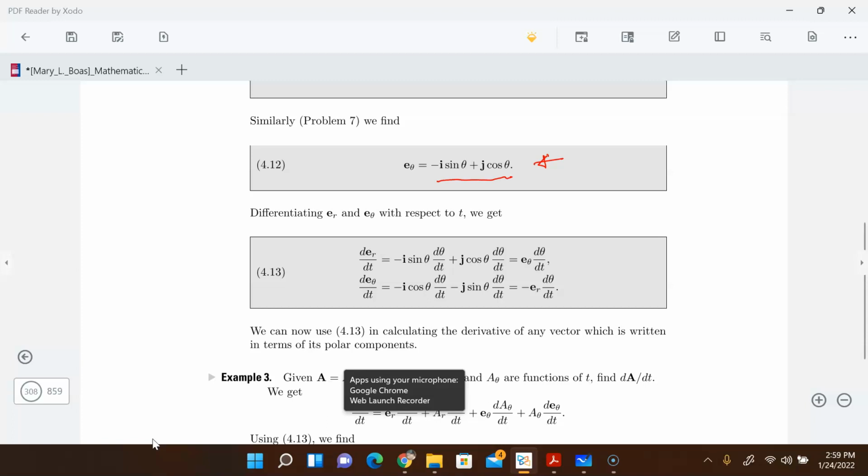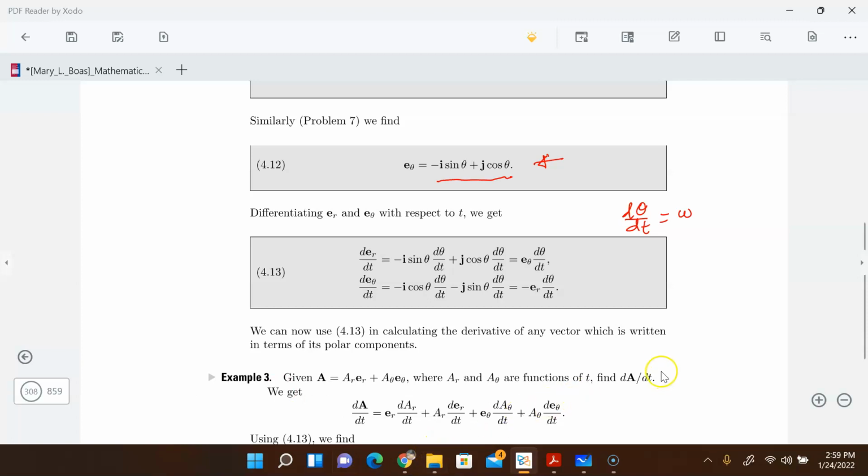So here is de_r/dt, using the chain rule essentially. Then you get your e_theta times d theta/dt, and for your e_theta, the time derivative is essentially minus e_r d theta/dt. Now you know what d theta/dt is. Essentially this is omega, your angular velocity.